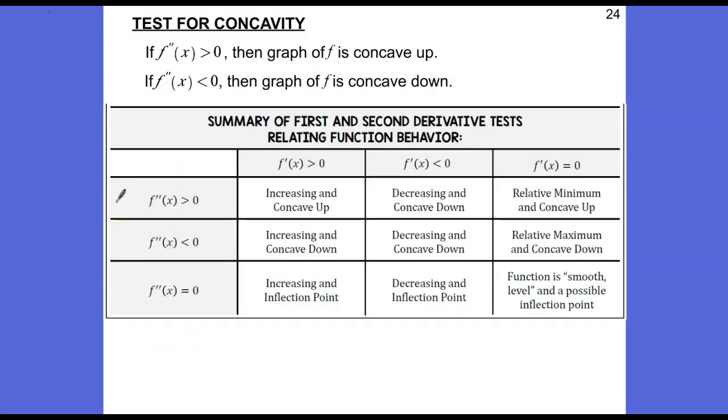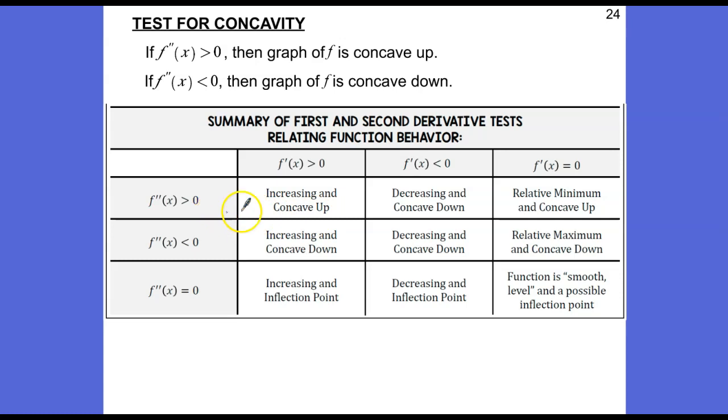So our test for concavity is if f double prime of x is greater than 0 on a particular interval or at a particular value, then on that interval or at that value, f is concave up. If f double prime is less than 0, or negative, then the graph of f is concave down. They've given us a table here that summarizes the relationships between f prime and f double prime and gives us the description for the function f. If f double prime is positive and f prime is positive, f is increasing and concave up.